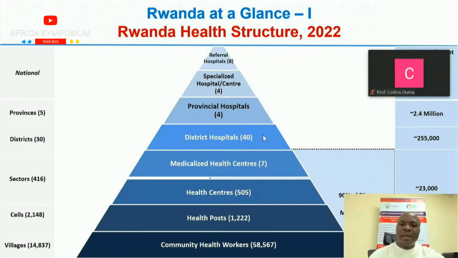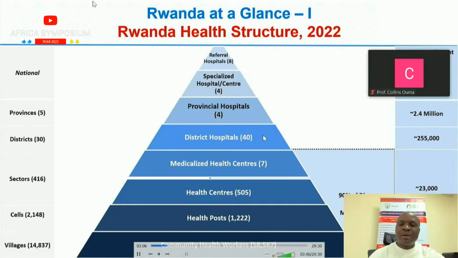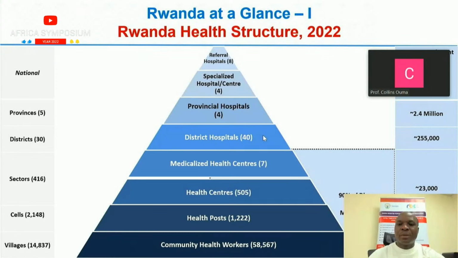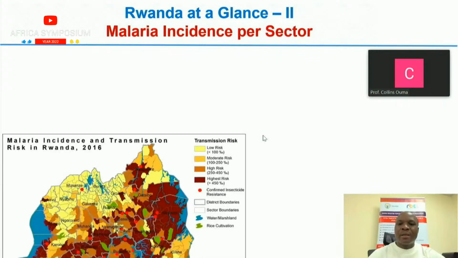These are mainly private, but some of them may be public health posts. They are also run by nurses, and they can provide an advanced package compared to the community health workers below. Countrywide, so far, we have around 60,000 community health workers, and those are the ones dedicated to managing malaria cases, but also other specific diseases.